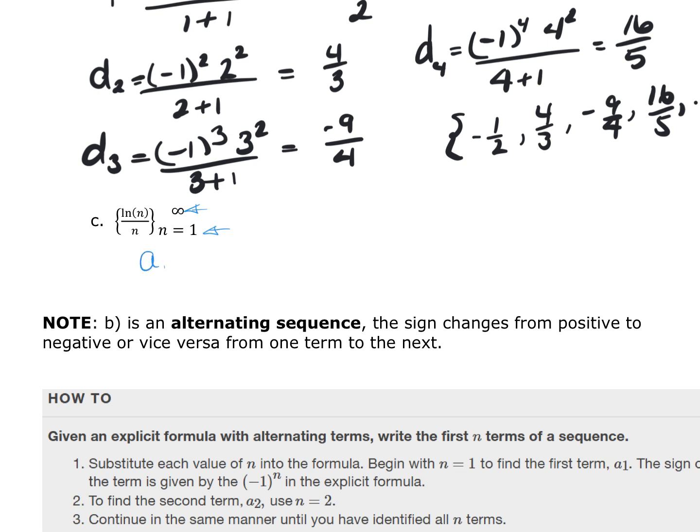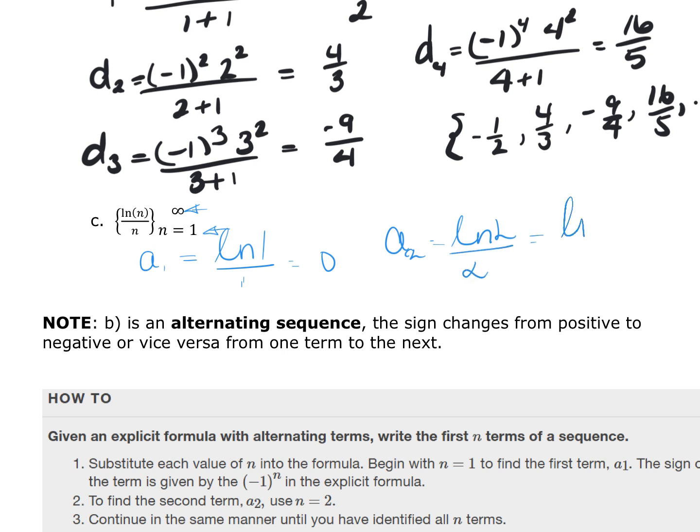So A sub 1 would be equal to the natural log of 1 divided by 1. Well, the natural log of 1 is 0, so my first term is 0. A sub 2 is equal to the natural log of 2 divided by 2.